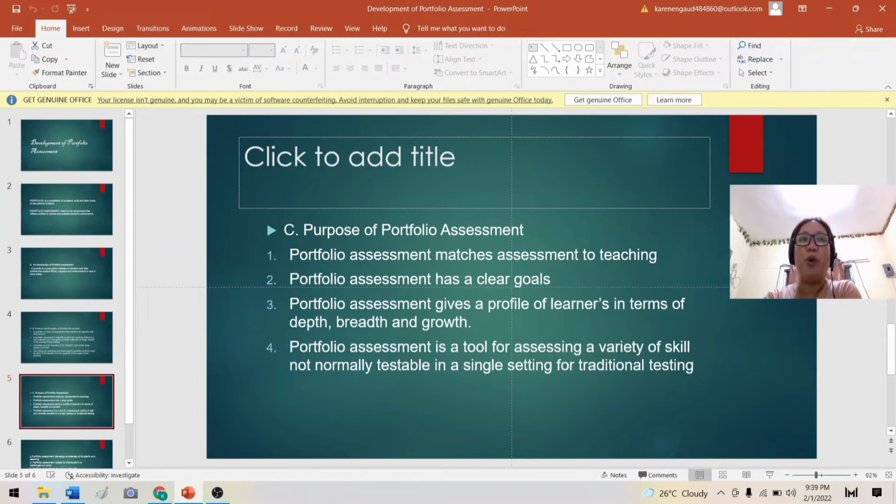Like for example, kung gaano ba nag-improve yung estudyante niya, kung gaano ba kalawak yung magagawa ng kanyang estudyante. Breadth is it shows the different skills and ability of the student and the growth, development, and improvement of the learner student.